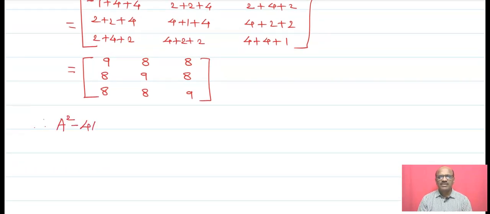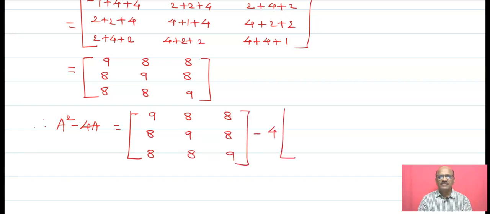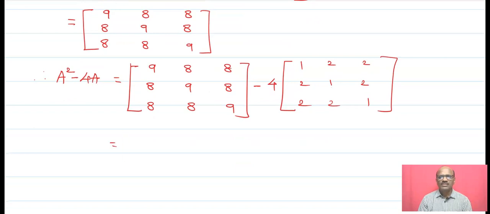Next is A square minus 4A, that is 9, 8, 8, 8, 9, 8, 8, 8, 9 minus 4A, that is 1, 2, 2, 2, 1, 2, 2, 2, 1.